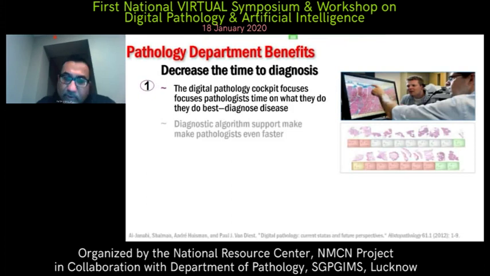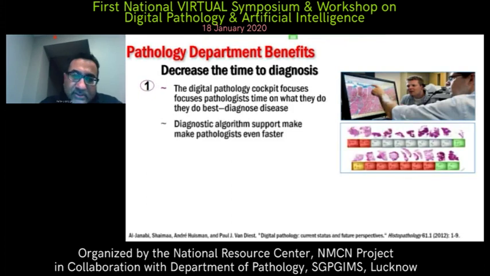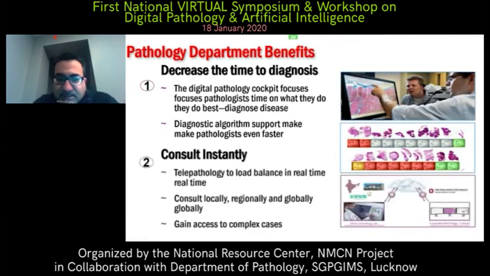We can start to use predictive algorithms to make pathologists more efficient and even faster. And then you can consult instantaneously. Telepathology can be used to load balance in real time, consult locally, regionally, and globally, and gain access to complex cases.